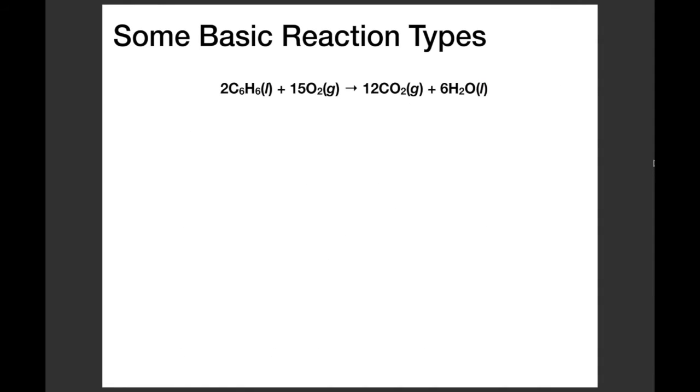I'm now going to go a little off topic by talking about 3 basic reaction types. On the previous slide, we had benzene reacting with dioxygen, yielding carbon dioxide and water. This is an example of a combustion reaction.